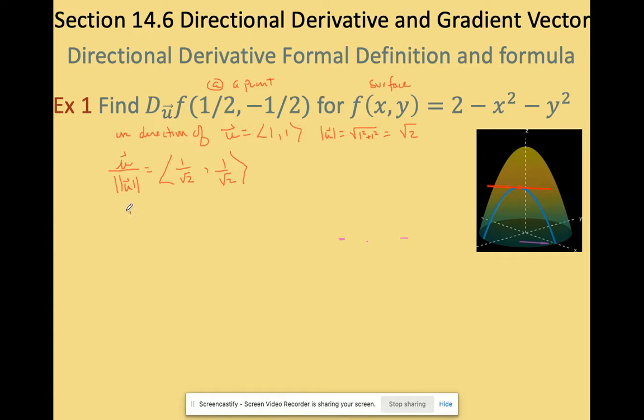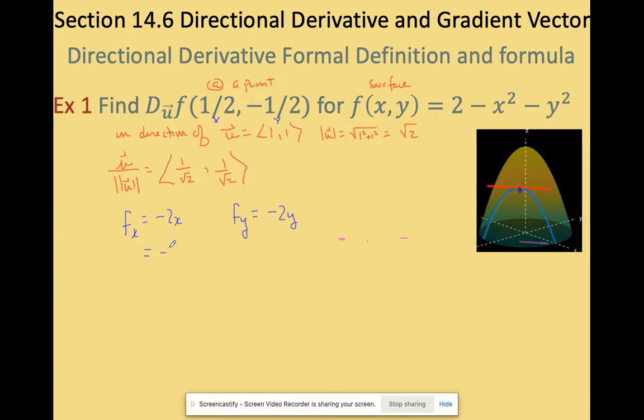My formula is partial x, which is negative 2x. My formula needs partial y, which is negative 2y. And then here's the x and y that I'm given. So the partial x at this point that I care about, what is the rate of change with respect to x?